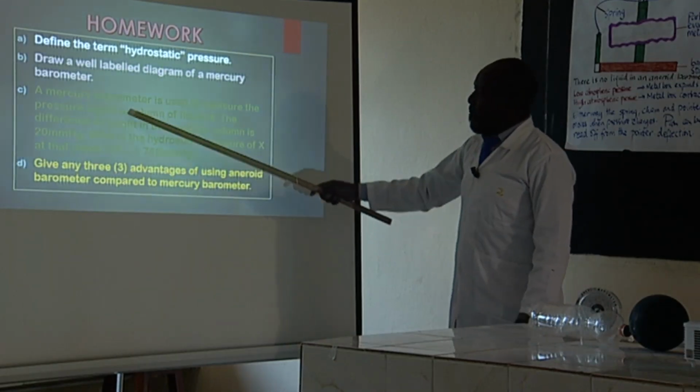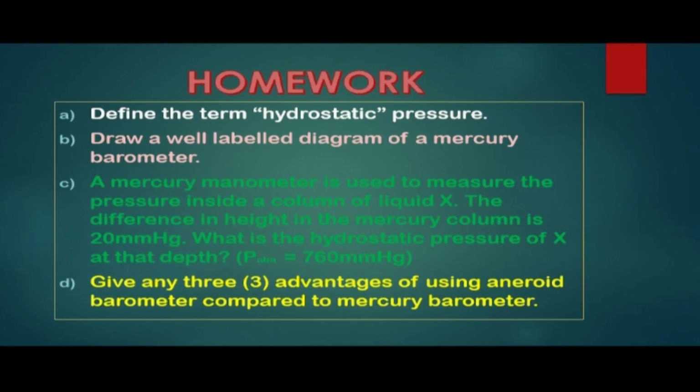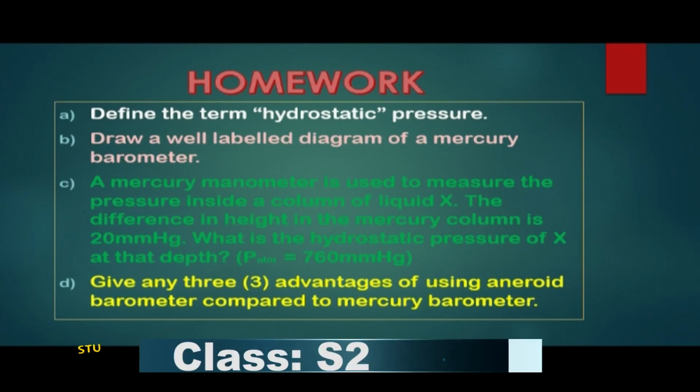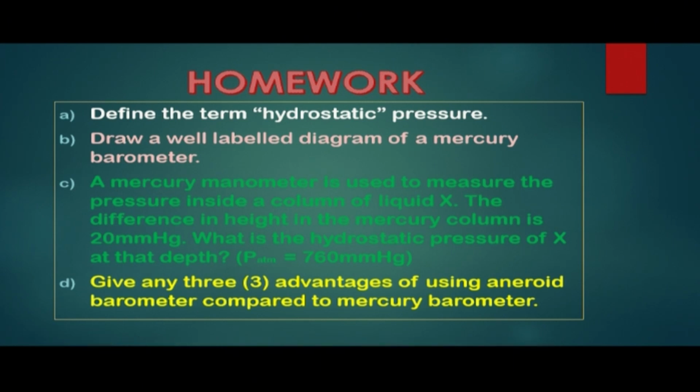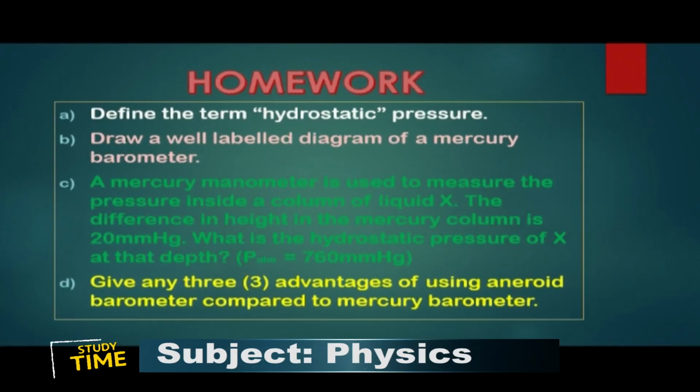Then, a mercury manometer is used to measure the pressure inside a column of liquid X. Okay? So in that manometer, you have got mercury. The difference in height in the mercury column is 20 millimeters of mercury, just like we saw on the other diagram.